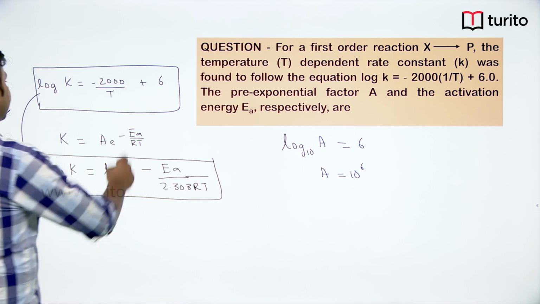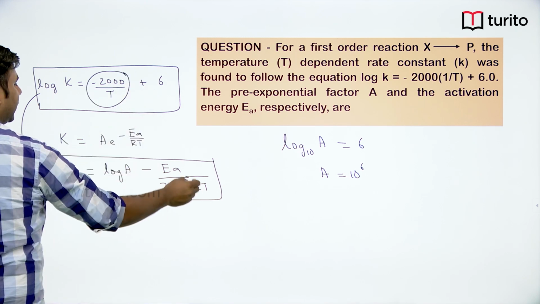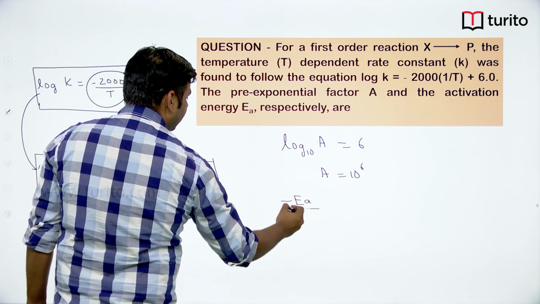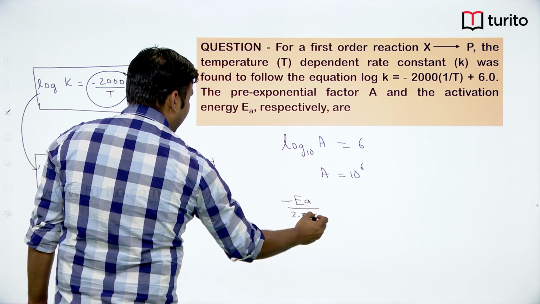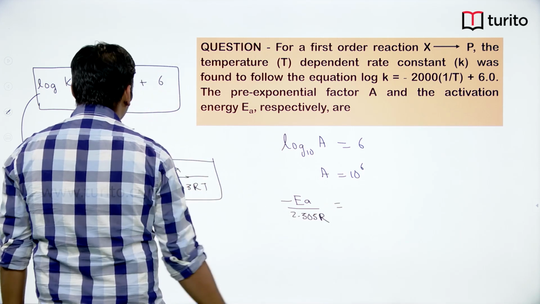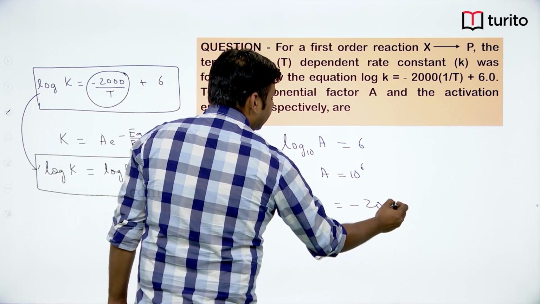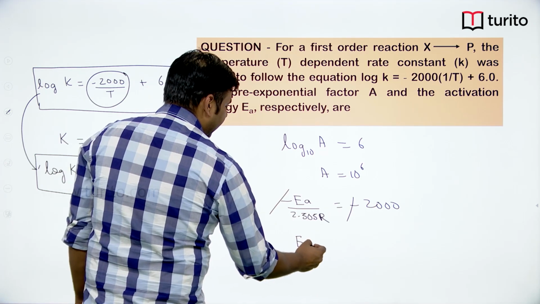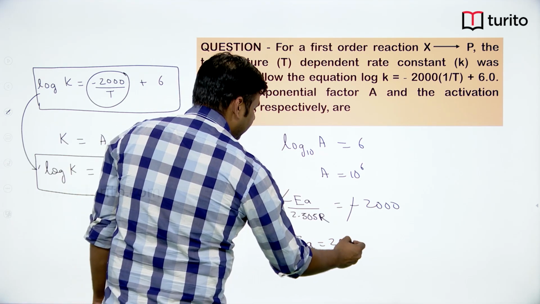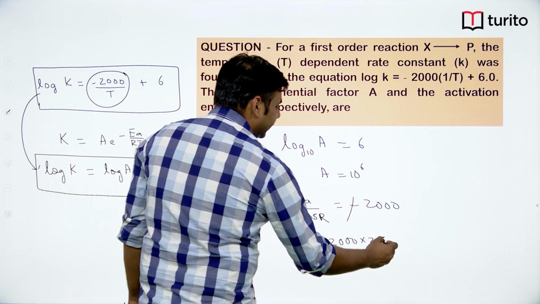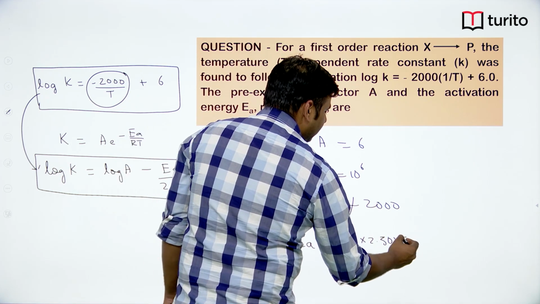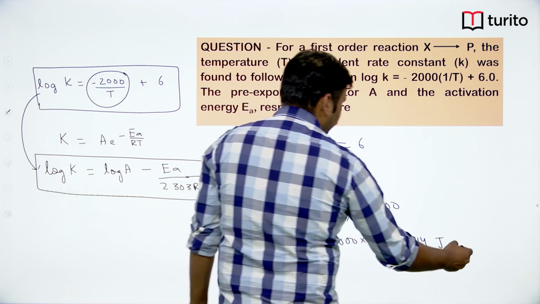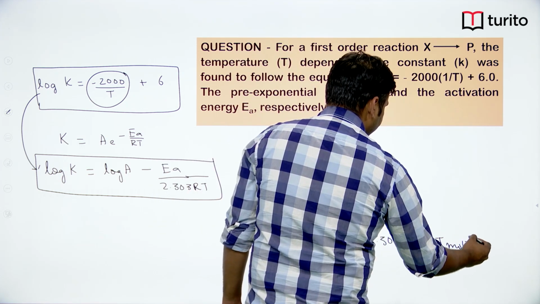Now if you look at this term, you will compare this term, and I can clearly see that minus EA upon 2.303 R would be equal to minus 2000. The minus signs cancel out, so I can write EA as 2000 into 2.303 into R, which I can take as 8.314, so I will get the answer in joule per mole.